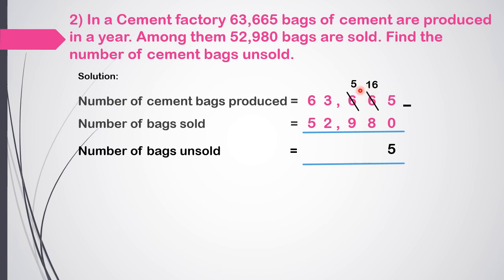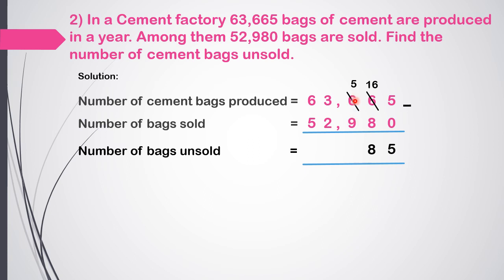We got 10, so 10 plus 6, 16. 16 minus 8. You can take your fingers. After 8: 9, 10, 11, 12, 13, 14, 15, 16. How many fingers are there? 8. So the answer is 8.